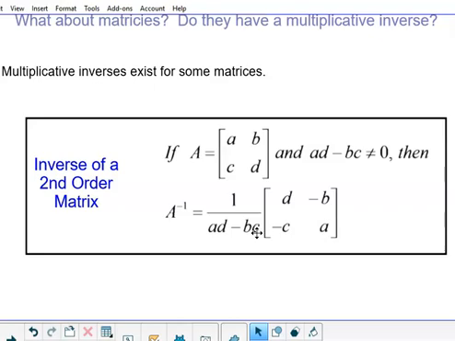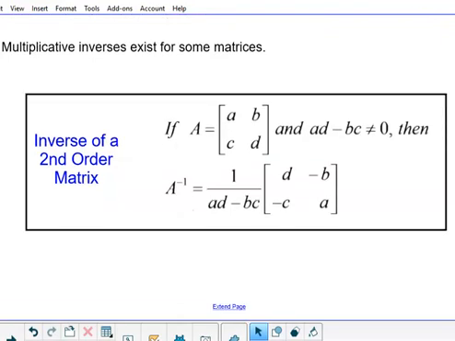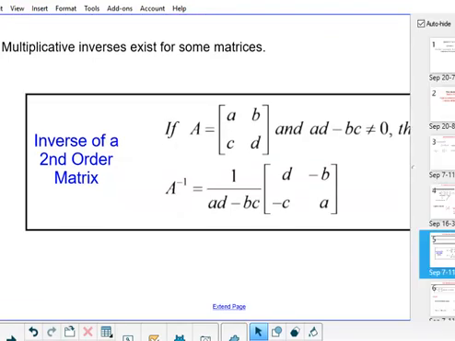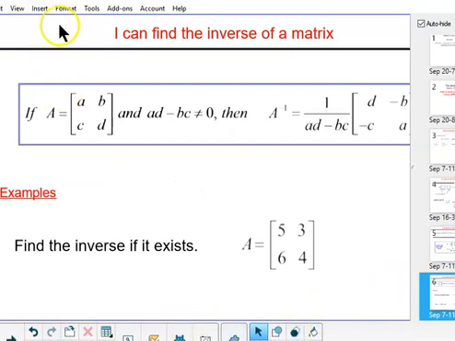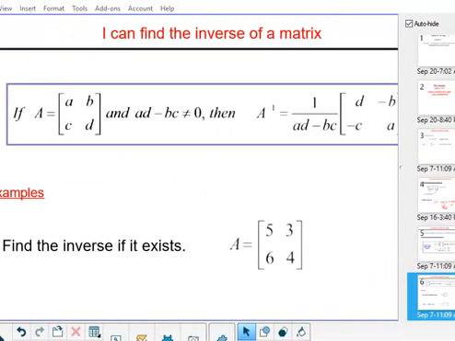And remember, we cannot have 0 in the denominator. So if we do, then we're going to say there is no inverse. Okay, so we'll try a couple examples of those.